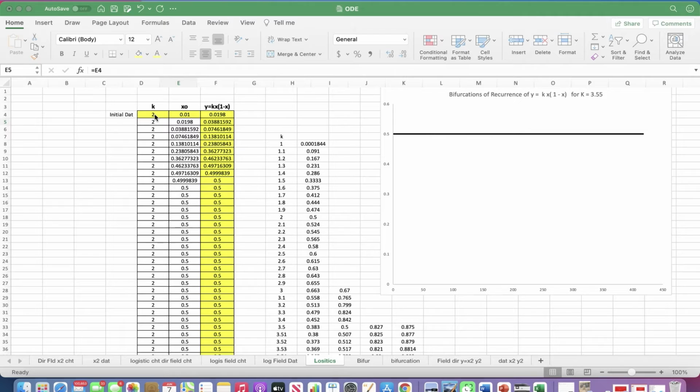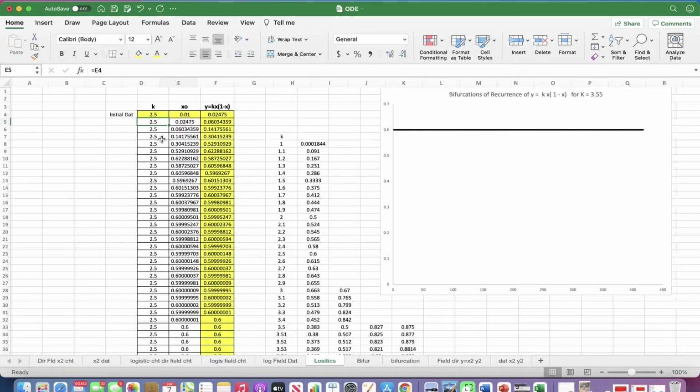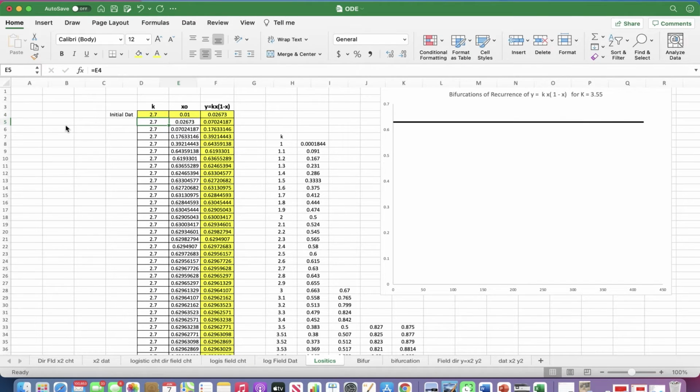Now, if I go to k is 2.5, you can see that x will flatten out again. It's around 0.6. If I go to 2.7, then it goes to 0.6, 3, something like that. About 0.63.